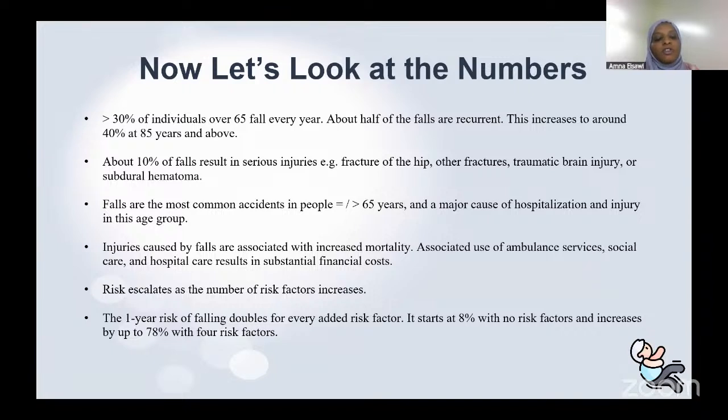So as the number of risk factors they have increases, the risk escalates. Finally, the 1 year risk of falling doubles for every added risk factor. It starts at 8% with no risk factors at all, and it could increase up to 78% with 4 risk factors alone.